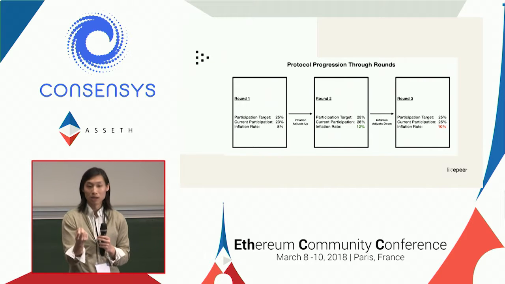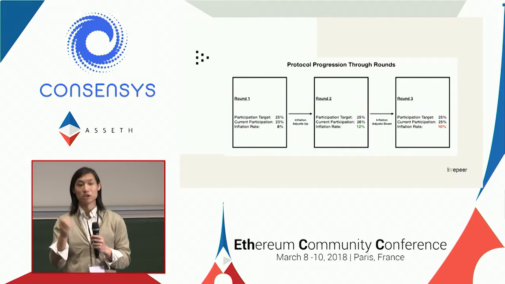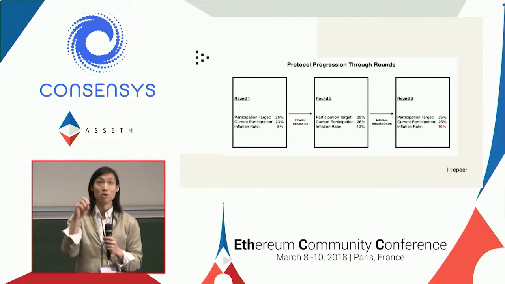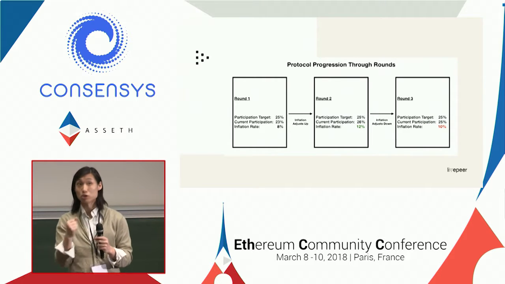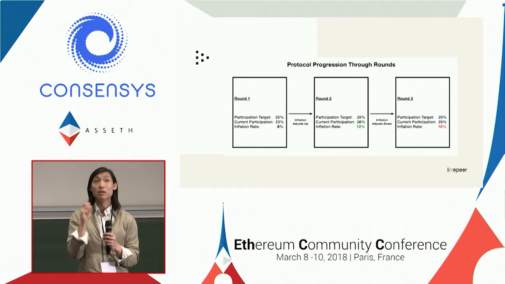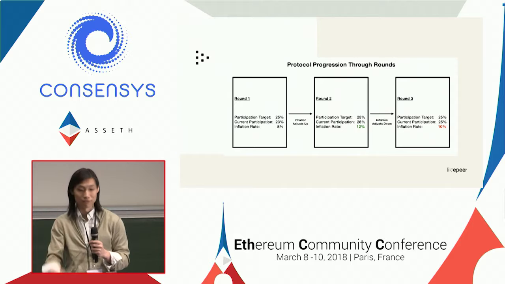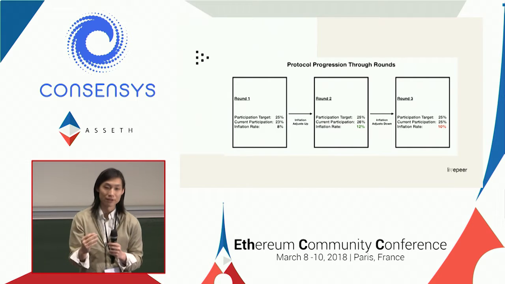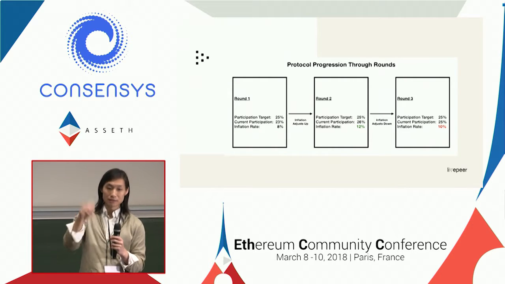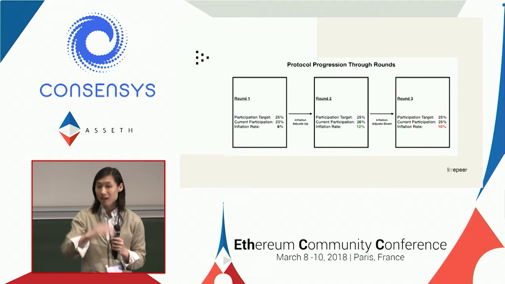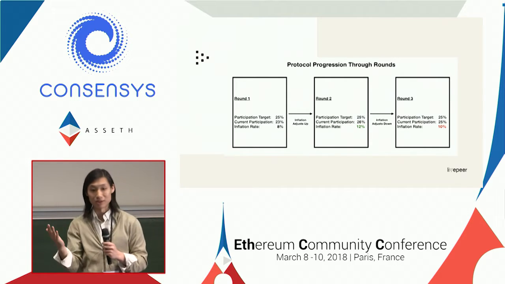Because remember, all the inflationary rewards are going only to the people who are participating in the protocol. So if you're just holding the token and doing nothing, your token is slowly being diluted from the inflation. So this increase of inflation incentivizes more participation, and maybe we overshoot a little bit to 26%.